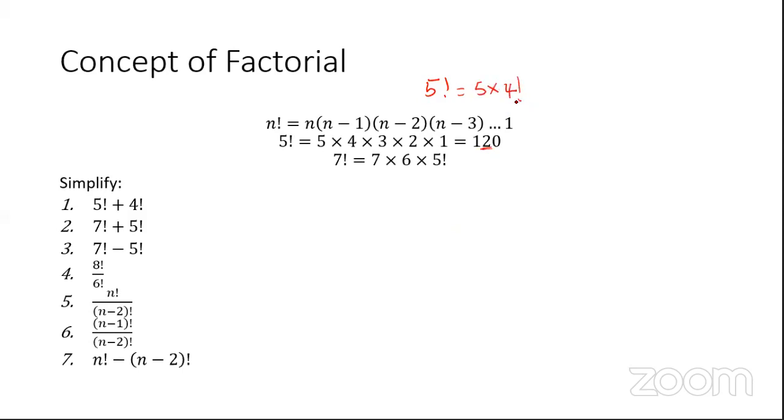If I so wish to stop at 4, I can have it as 5 times 4 factorial. So it depends. Anywhere you are stopping, if you are not stopping at 1, you must ensure that you put factorial there.